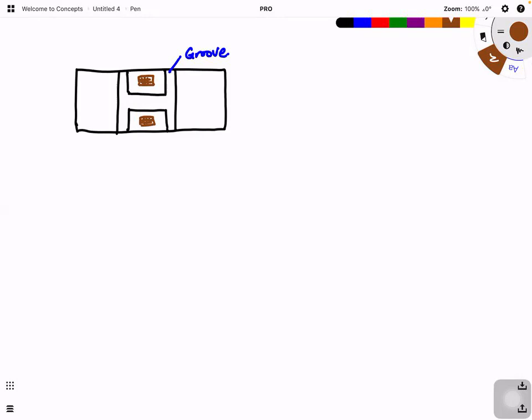Okay, if you view it from the side, you will see something like this. If I cut it, in side view, you will see the groove, and then you will see the sample loading well, and then the groove again.